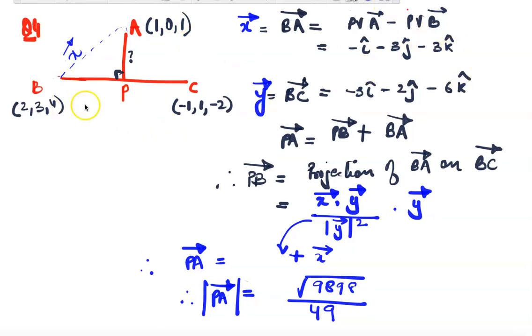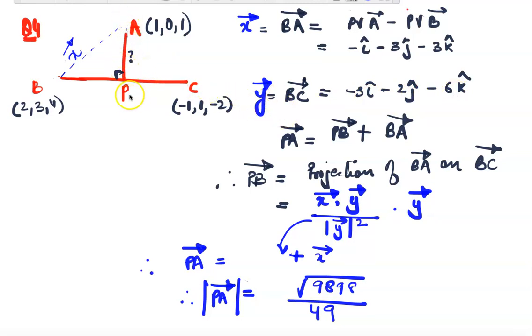Similarly, let's define a vector Y, which is BC vector. So we say BC vector is position vector of C minus position vector of B, which is minus 3i hat, minus 2j hat, and minus 6k hat.